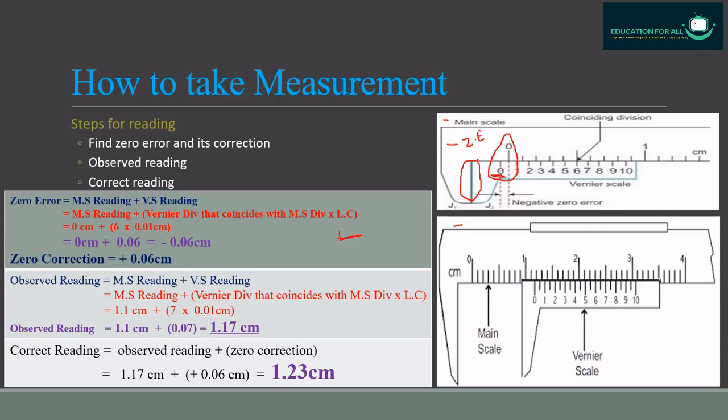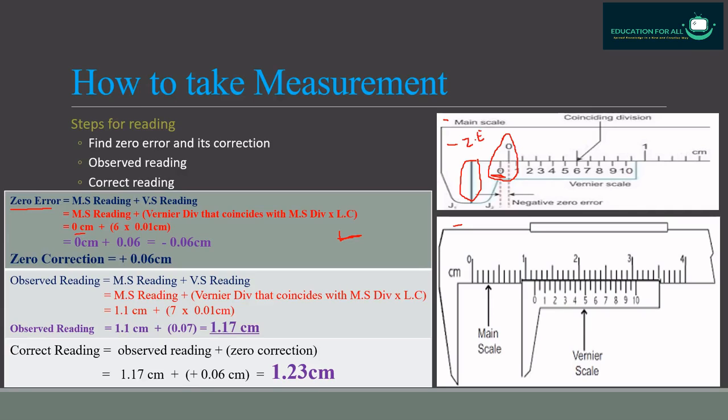In this portion, one main important thing I want to discuss is that to find zero error, you must know the formula. The formula for finding zero error is main scale reading plus vernier scale reading. When you add these two readings, you will get the zero error. Whenever you find zero error, main scale reading will always be 0.